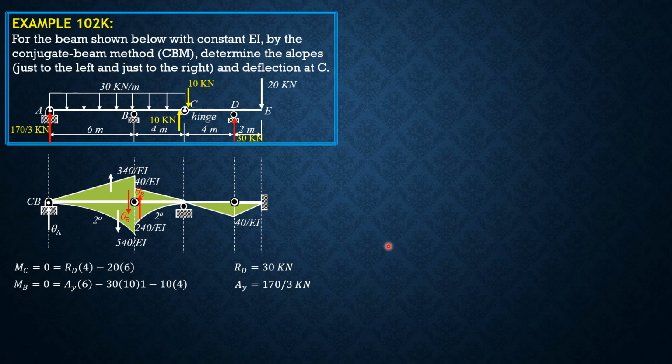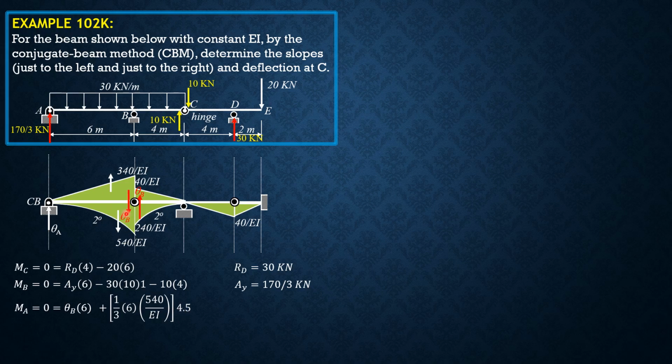So considering AB, we want theta B, so we sum up moment about A equals 0. Clockwise positive, theta B times 6 plus this moment of area, which is 1/3 of 6 times 540 over EI. This is 6 over 4, 1.5. So its moment arm from A is 6 minus 1.5, so 4.5.